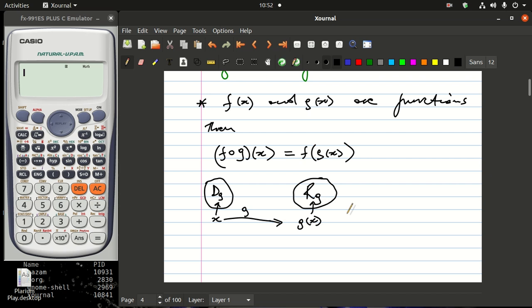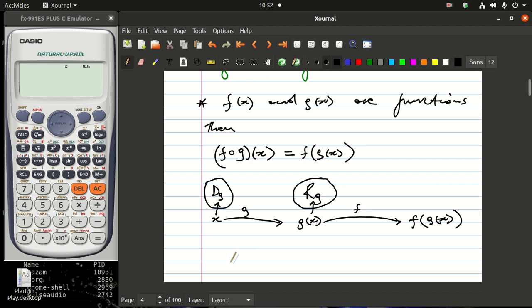Then I take that value as an input of f. It must be in the domain of f, and I plug it in f. This whole thing is the final output, which is f of g of x.